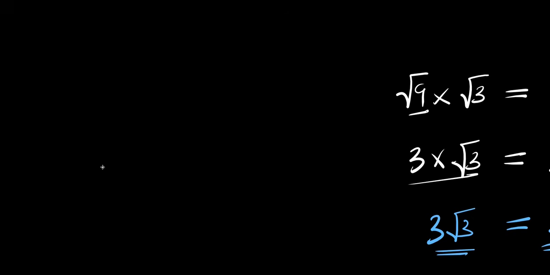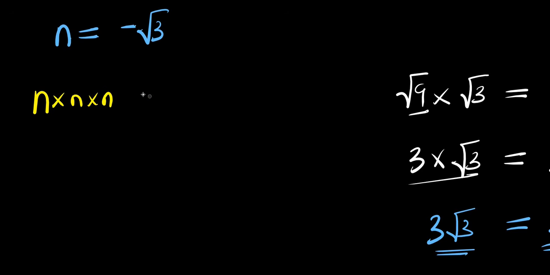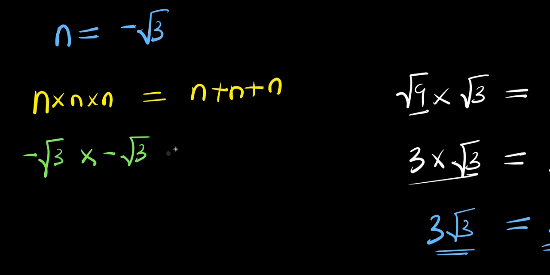Now let's consider when n equals negative root 3. And the question remains n times n times n equals n plus n plus n. So we are simply going to have negative root 3 times negative root 3 times negative root 3 equals negative root 3 plus negative root 3 plus negative root 3.